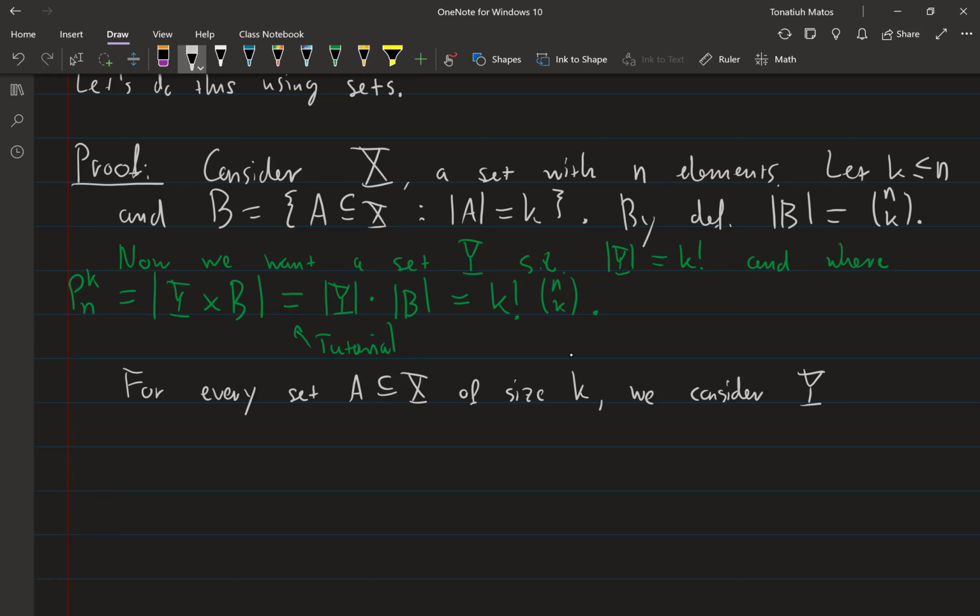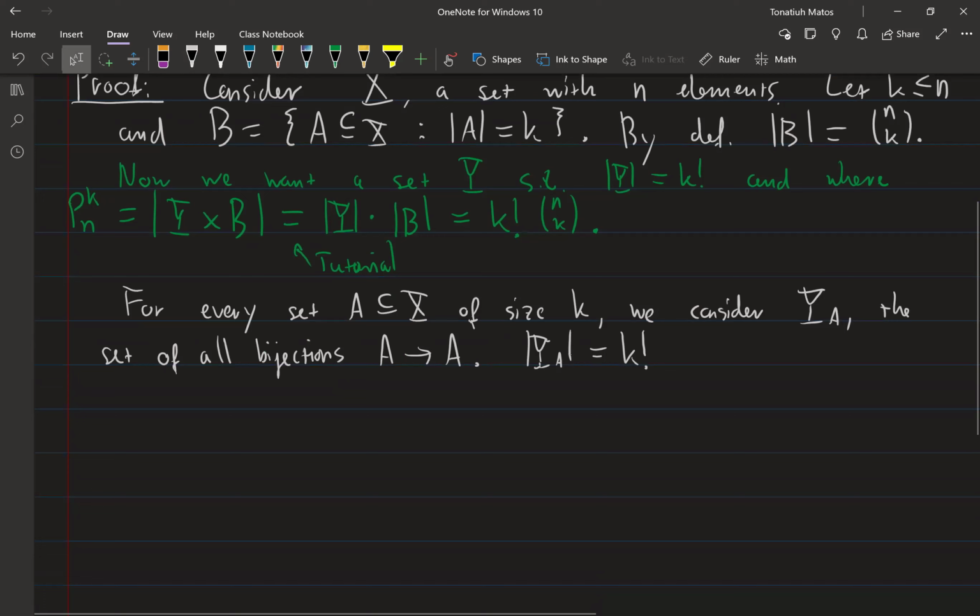Let's call it Y sub A, the set of all bijections from A to A. And as we mentioned last time, Y sub A has size k factorial, right? Because there are k factorial permutations from a set of size k to itself. It's just reshuffling the elements of A, right?